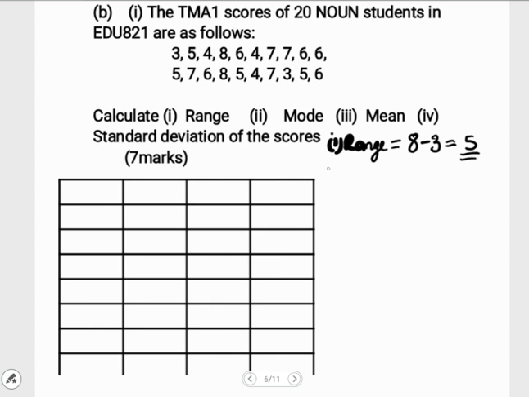The second item is the mode. How do we calculate the mode here? The mode is simply the score that appears the most.